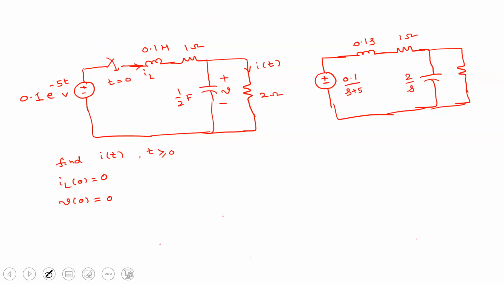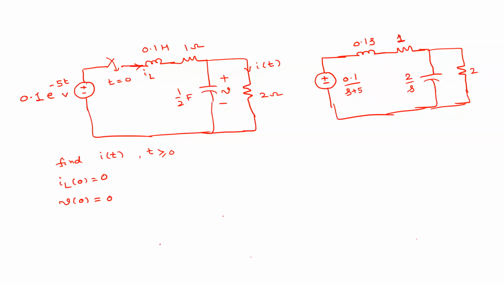So next, the resistor: this is as it is, 2. Generally we will not mention the signs. So this is just 2 only. This value is 1 and this value is 2 only.